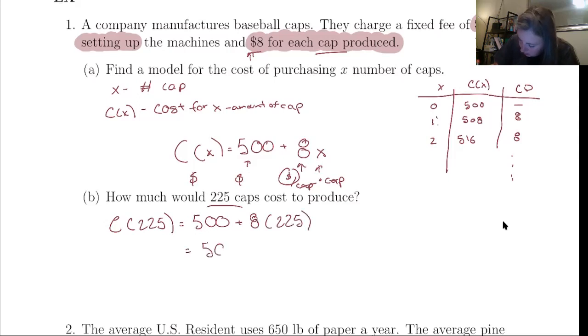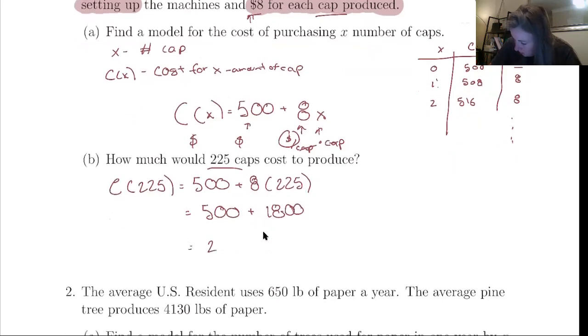Right, so that'd be 500 plus, oh golly, I don't know, 1800, which would then give me 2300. 2300, right?